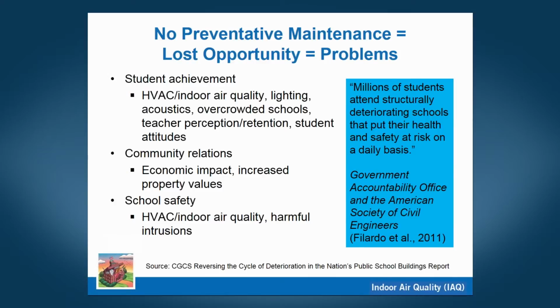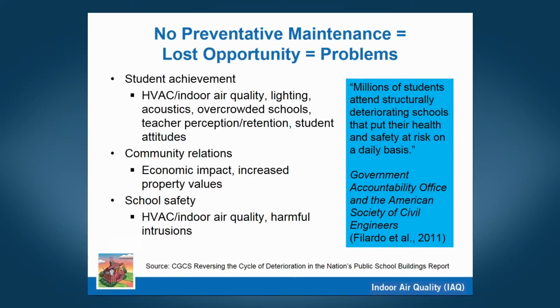Teacher retention is also very important. The report reiterates the fact that good teachers actually prefer good buildings, good in terms of looks and indoor air quality and everything else. Deferred maintenance can also cause issues with community relations, and it does have an economic impact.